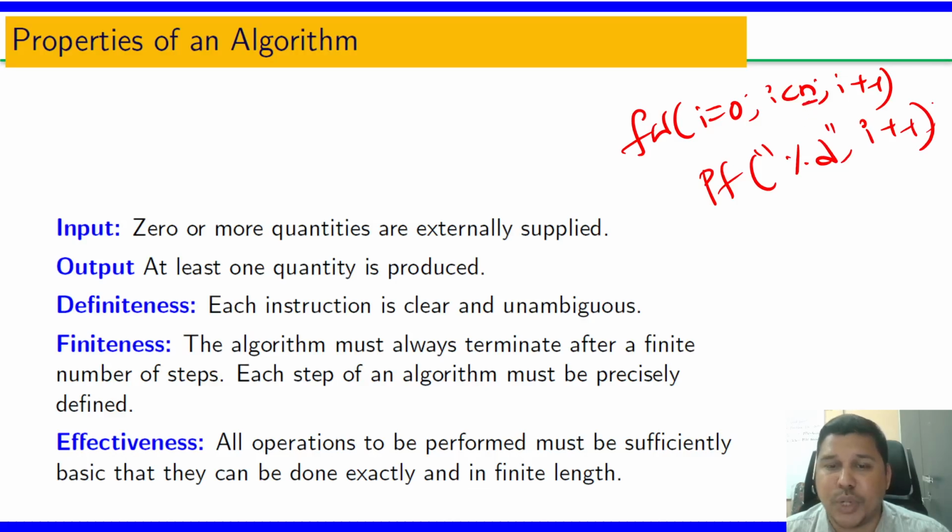It depends on the n value. Finiteness means the algorithm which you write must terminate after a finite number of steps. It should not be in an infinite loop. It should come out definitely after certain time. That is one very important property.